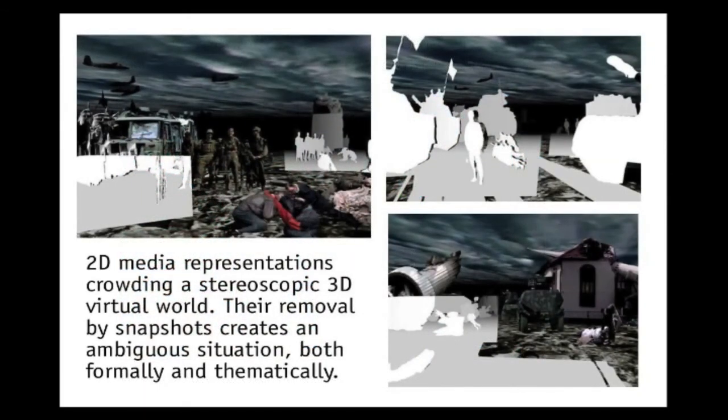So by means of modified digital cameras, you are actually taking snapshots that basically remove parts of that world. And what's really interesting about this world is that it is not completely 3D, but all the media representations of war are through the theater, kind of like a stage set, like 2D representations moving and placed within that world.